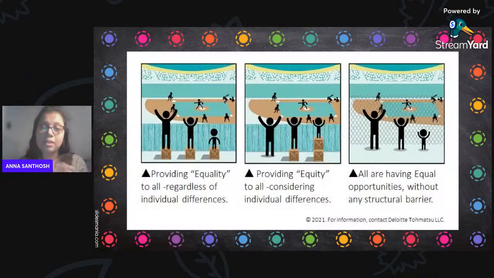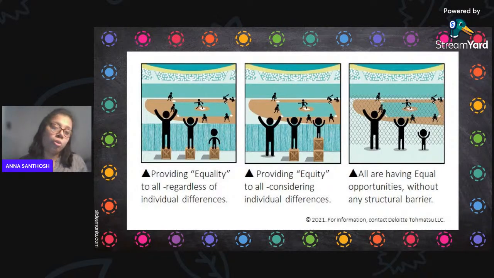So instead of changing or modifying or adapting these children to the environment, it is always better to change the environment so that they can have equal access to whatever they want. So here you can see the fence is removed, and they are able to view the show without changing themselves. The environment has been changed.